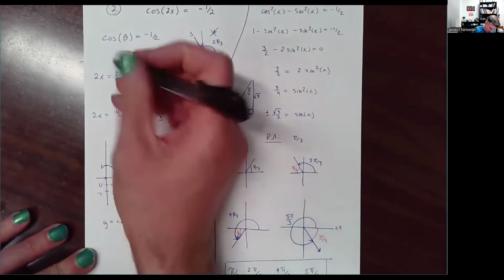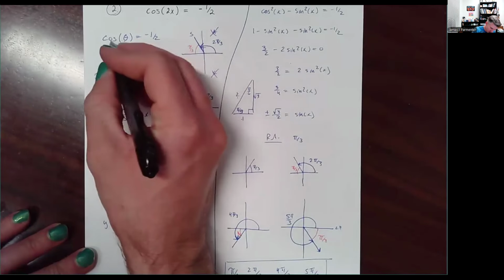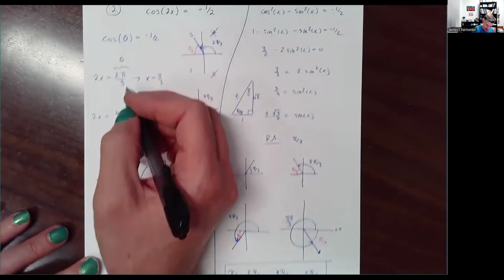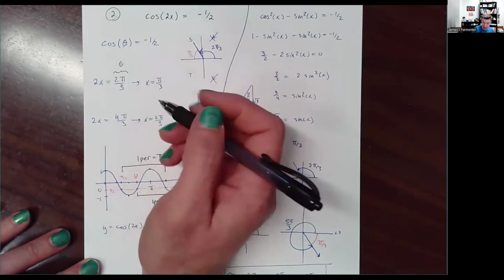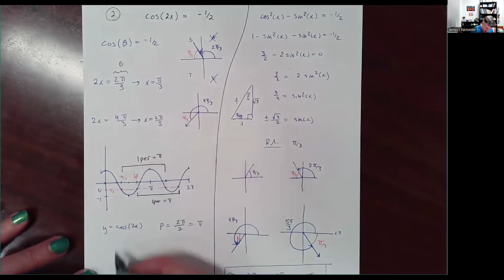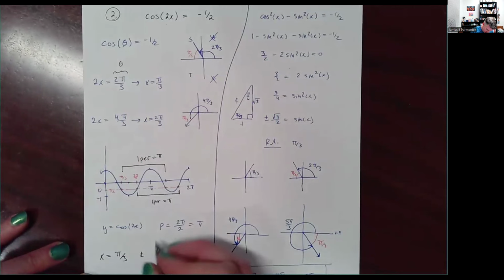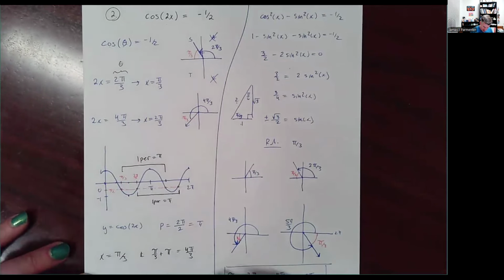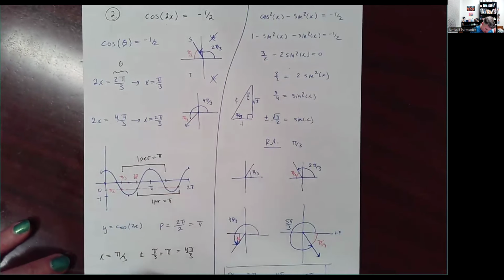I got from saying, my angle that I want to take cosine of is 2 pi over 3, but then that means x has to be 2 pi over 3 divided by 2, which is pi over 3. I'm going to take my x equal to pi over 3, and also I'm going to say pi over 3 plus pi, which is 4 pi over 3. Similarly, I'm going to take this 2 pi over 3 answer, and also I'm going to say 2 pi over 3 plus another pi, which is 5 pi over 3.